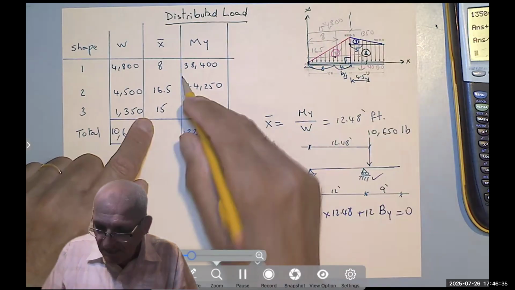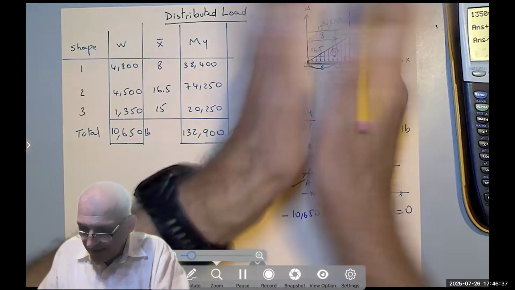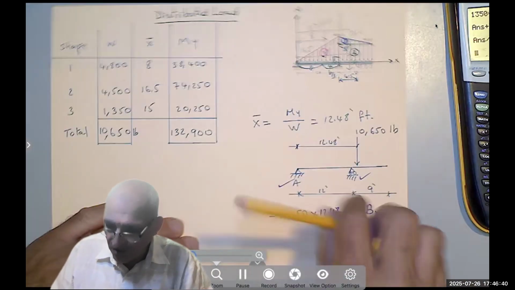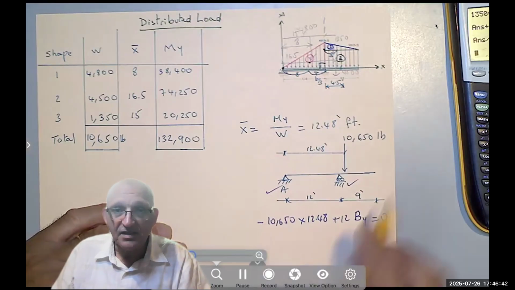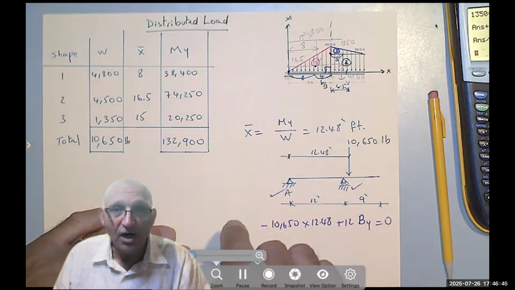So these three, and then I combine them into one just for simplicity. I could have used these three and I would have gotten the same magnitude for By.